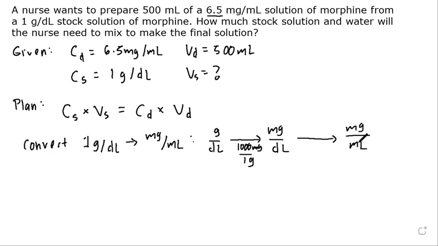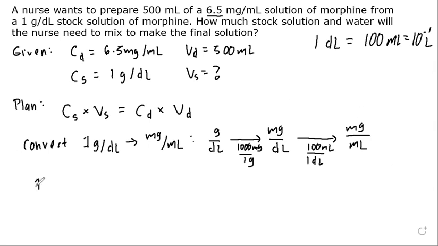1 deciliter is equal to 100 milliliters, and that was from our slide on clinical concentration units. 1 deciliter equals 100 milliliters equals 10 to the negative 1 liters. So I can go straight here from deciliters. 1 deciliter equals 100 milliliters to convert deciliters to milliliters.